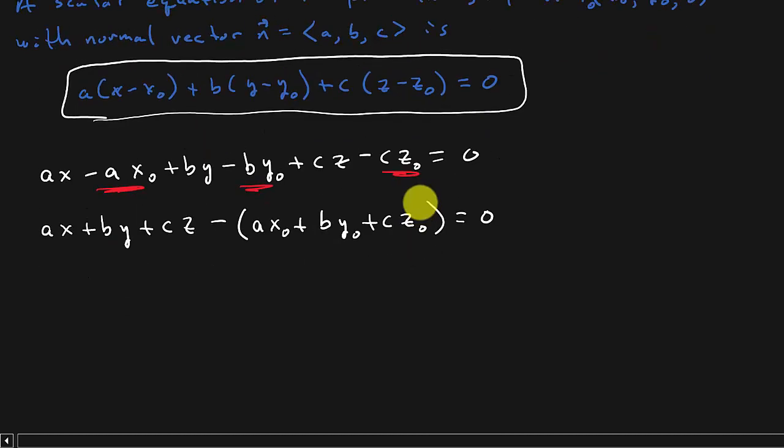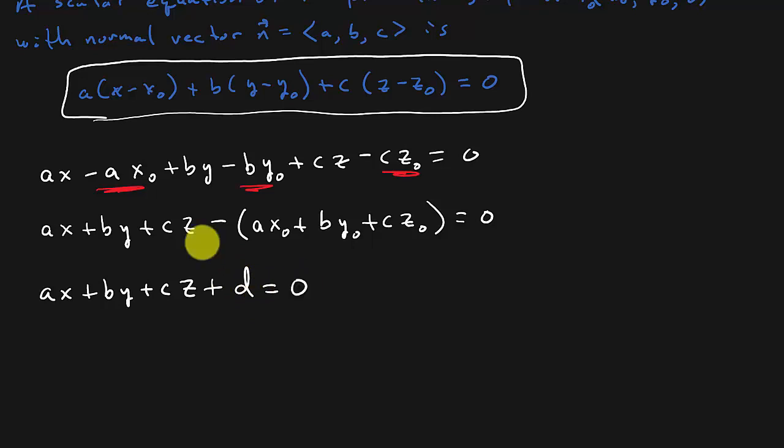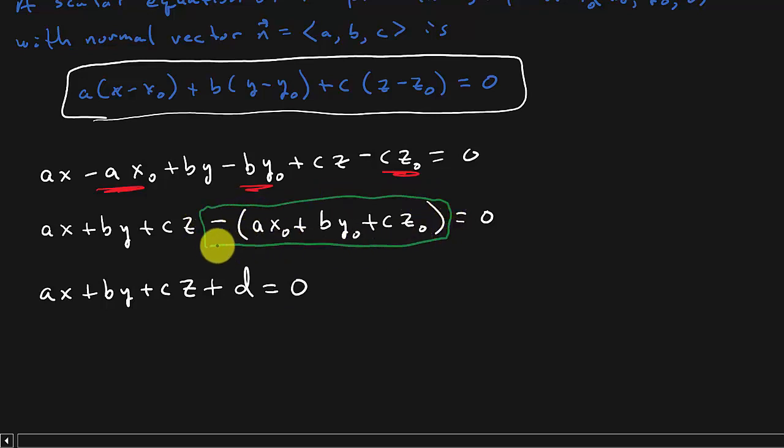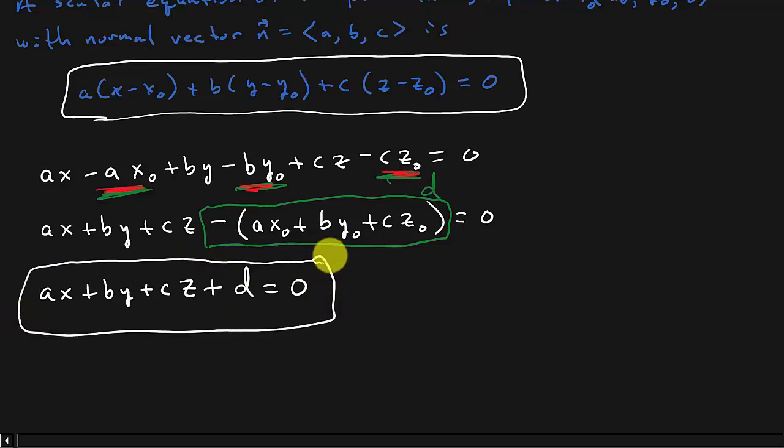I'm going to write this as AX plus BY plus CZ plus D equals 0, where we're calling this term D. When you distribute all that, these numbers are just constants, and you combine them into one number. We're just going to call that D. And so this is your linear equation.